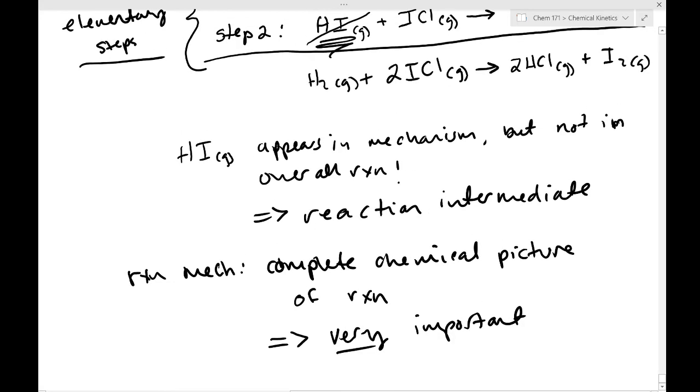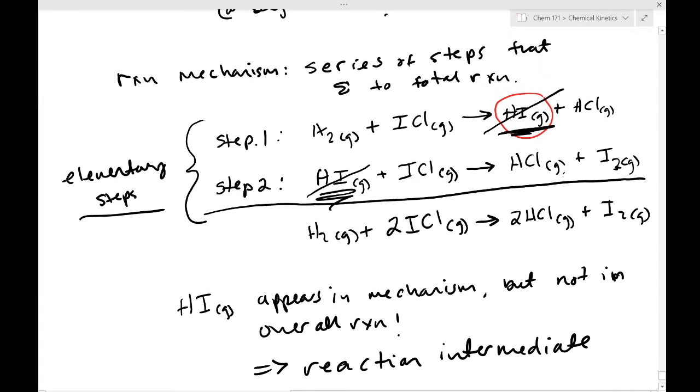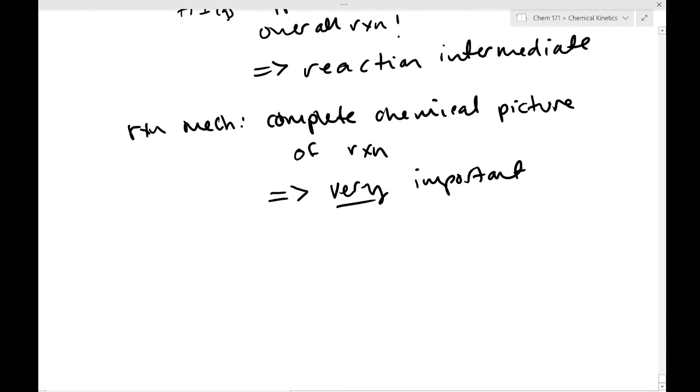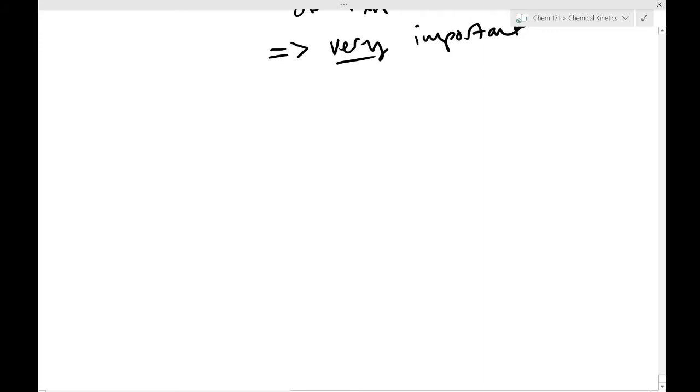And the way that we figure out what's actually happening is kinetics. You can imagine that each one of these steps is going to have some rate constant associated with it, and because of that we can determine using kinetics what is actually happening during a reaction, which makes kinetics extremely useful.